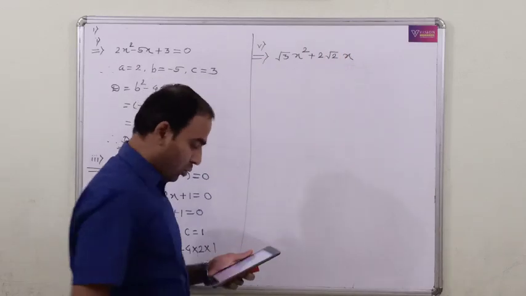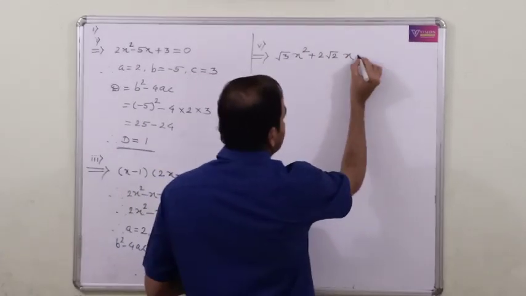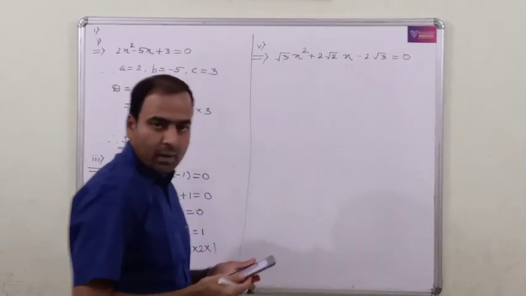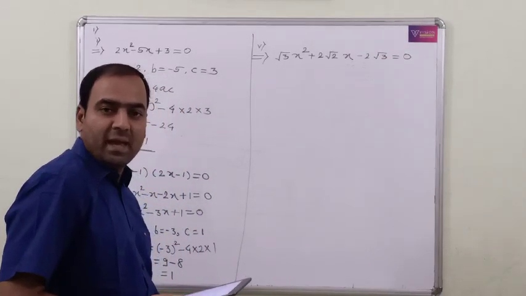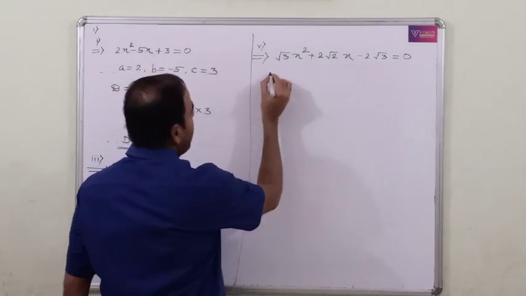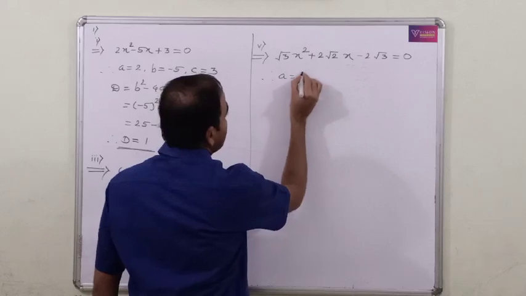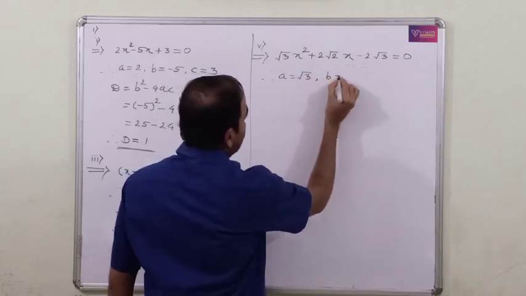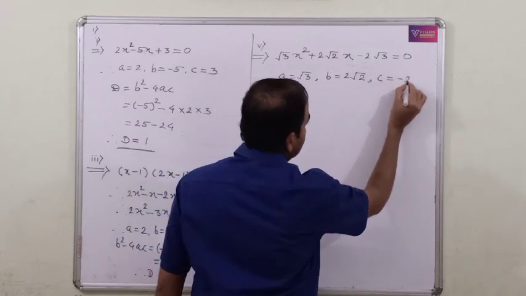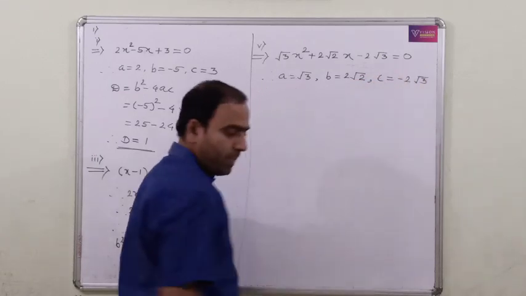Coefficient of x is 2 root 2, minus constant term is 2 root 3 is equals to 0. If you compare it with ax square plus bx plus c, we get a as root 3, b as 2 root 2 and c as minus 2 root 3.